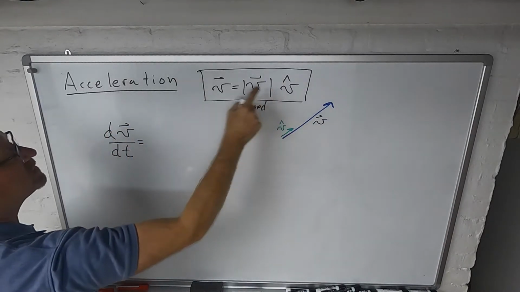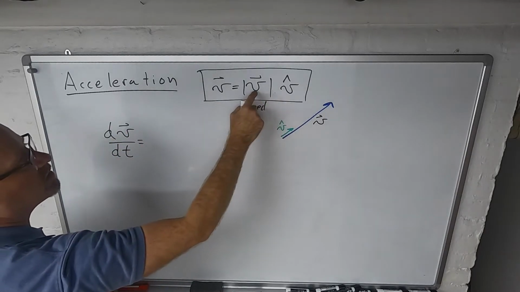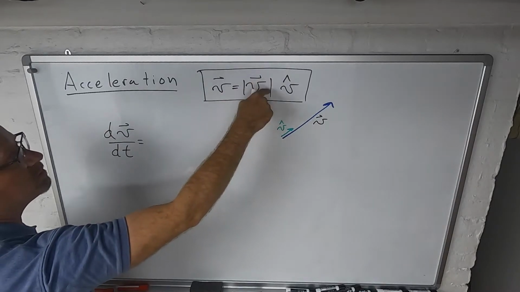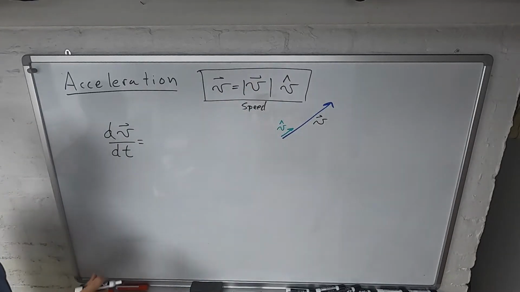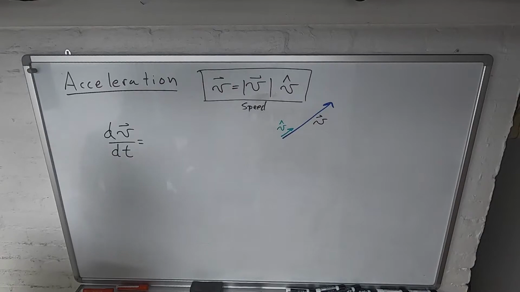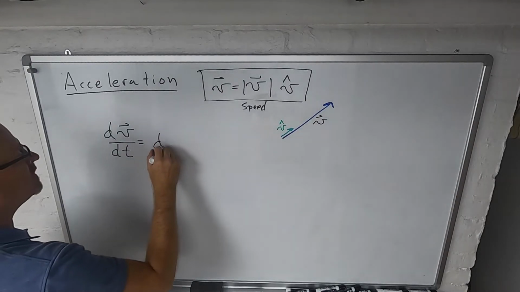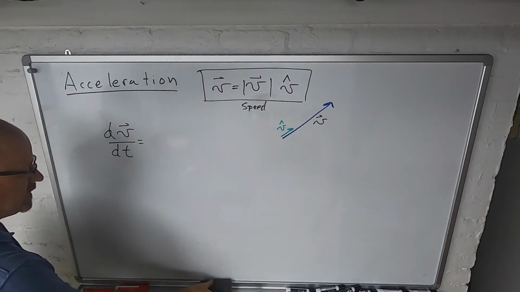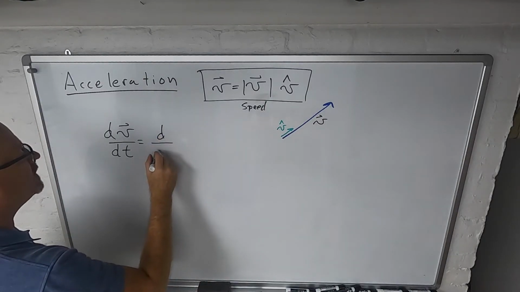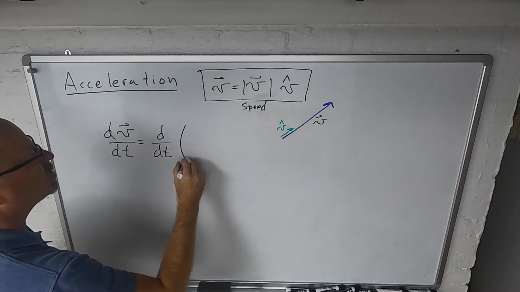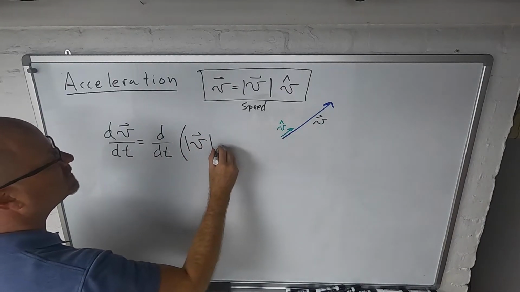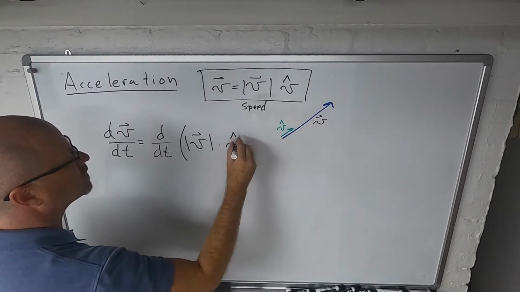I'm going to replace v with this quantity here, v in magnitude and v hat. So if I do that, I have to take the derivative, d by dt of the quantity v magnitude times v direction.